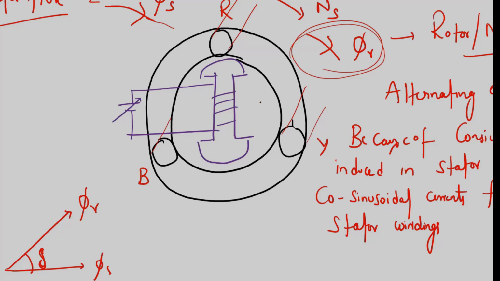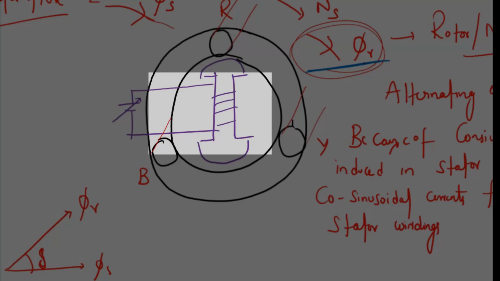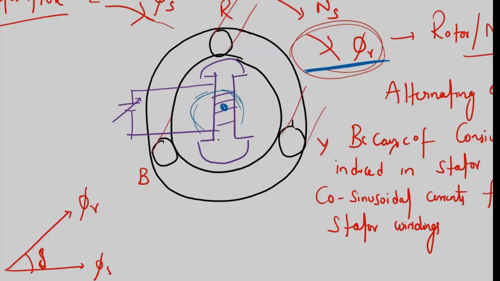Now, what is armature reaction? First, which flux is produced? Rotor flux is produced first. Why? Because the DC current flowing through the rotor winding produces a constant flux, and the prime mover is rotating this rotor, so this DC flux is also rotating. That flux is called the rotor or main field flux. This is the first flux that is created.